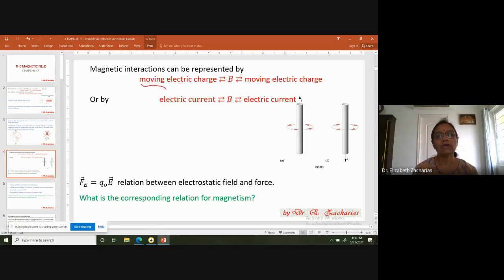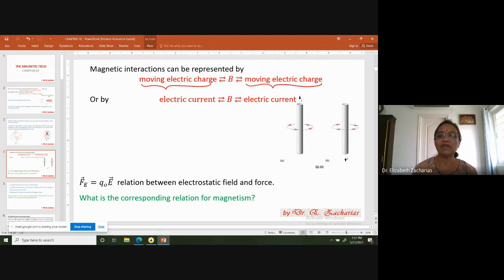A moving electric charge. Please remember, in electrostatics, we talked about charges which are at rest, or at most moving slowly. But here we can talk about a moving charge also as a source of magnetic field, and a moving charge can also get affected by a magnetic field. So instead of writing a magnetic monopole, you will be writing moving electric charge.